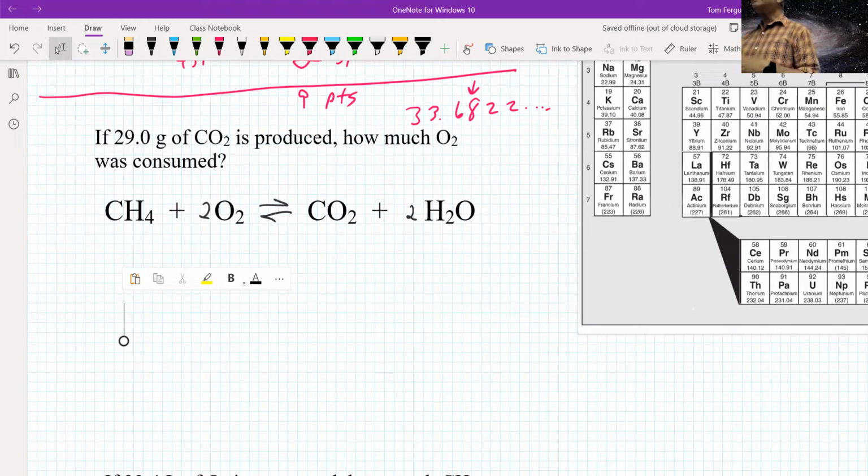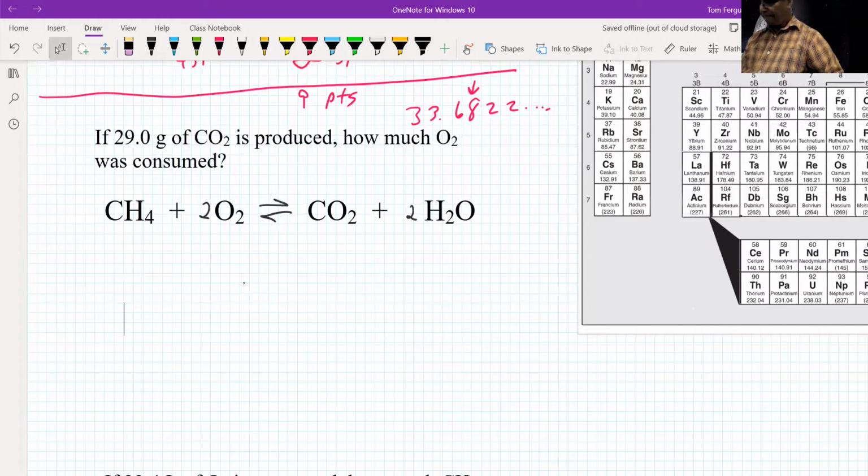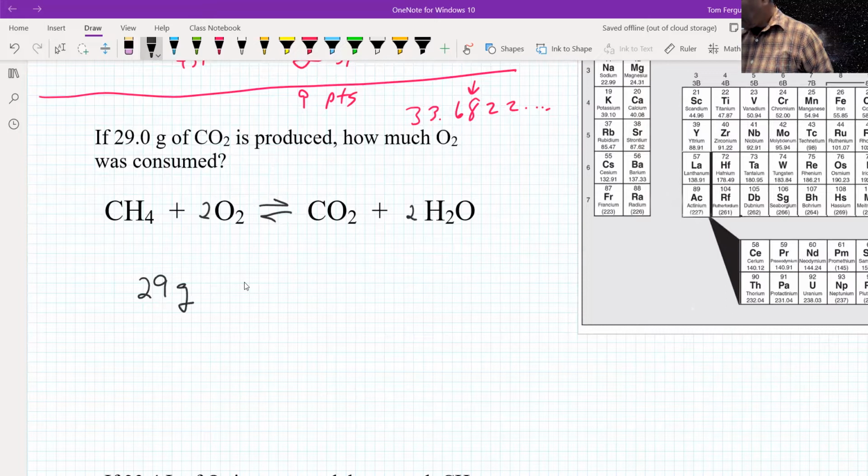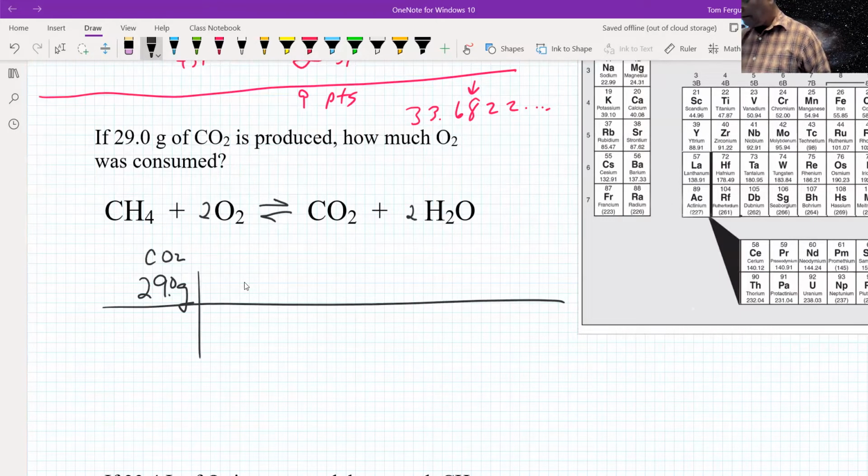Yeah, so we're trying to calculate the oxygen though. The given is the CO2. So we're gonna start with 29. And we're calculating grams of oxygen.